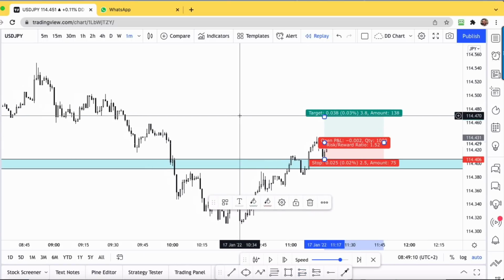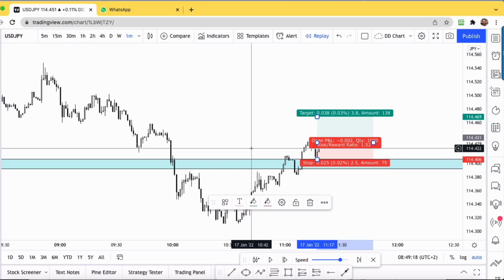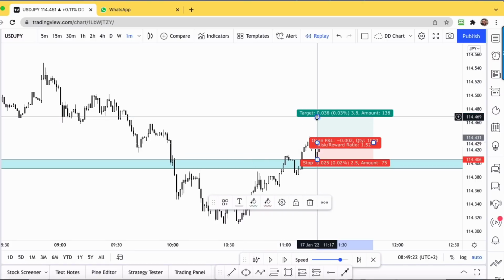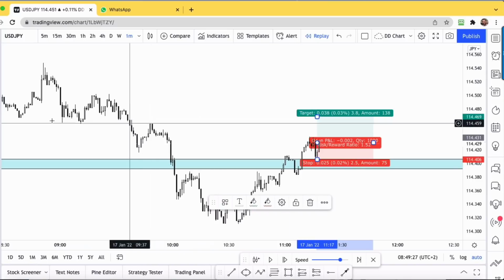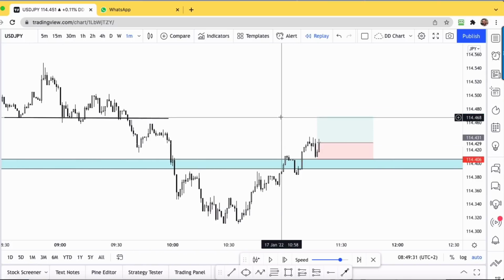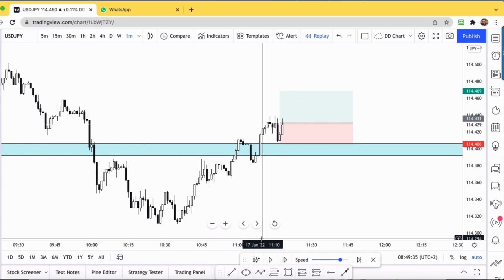I usually like to go for a 2-to-1 ratio, but you can't be too greedy when it comes to these scalps. Again, this is a 2.5 pip stop. Let's say I would take it, I think 1.5 is good over here because we are up to this kind of mini support line over here, and that's around where I am. So I think that would be all right over here. So let's see how it works.